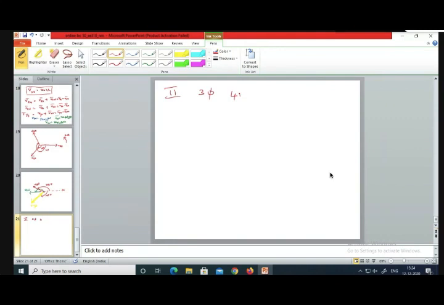Three-phase, four-wire system. That means if you have a supply like this and if you have a load like this, you will be having neutral. That's all. So the neutral wire is the fourth wire.